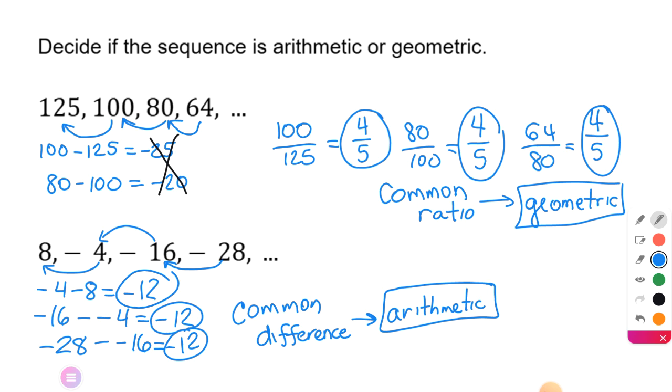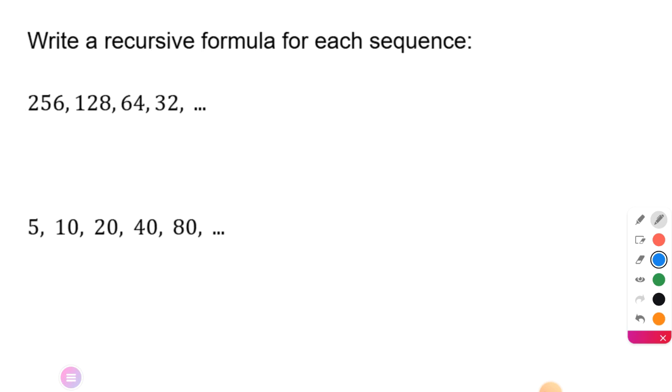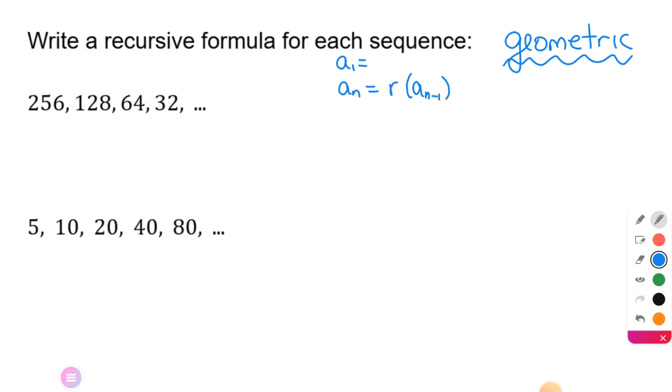All right, for the rest of this lesson, we're going to assume everything we have is geometric because that is what we are looking at. We are looking at geometric sequences right now. So we need the recursive formula. That has two pieces, a1 equals, and a sub n equals r times a sub n minus 1, that previous term.